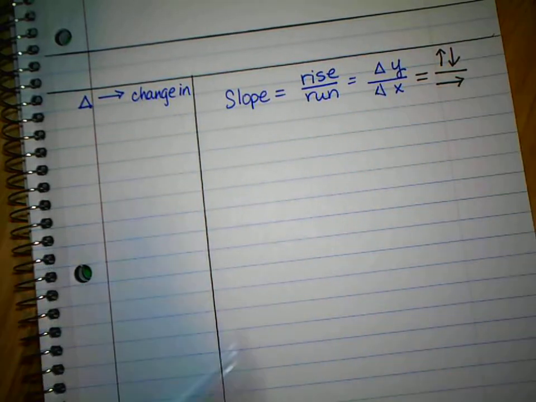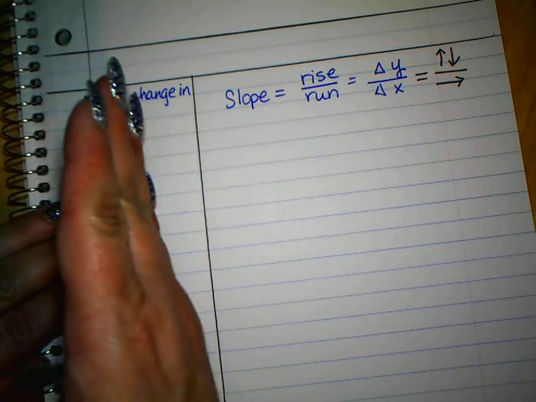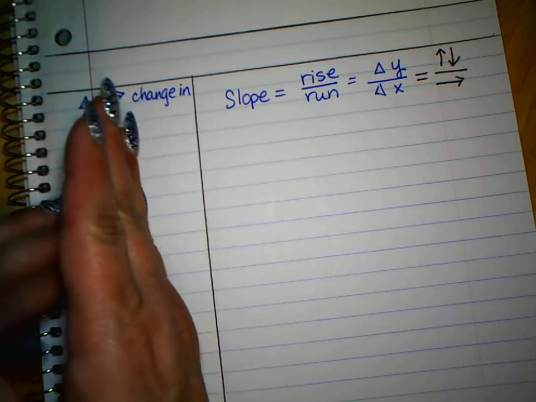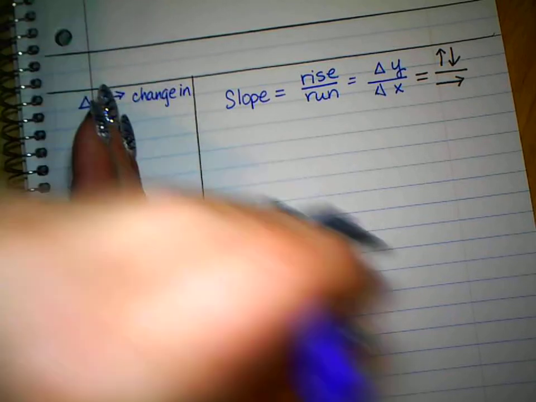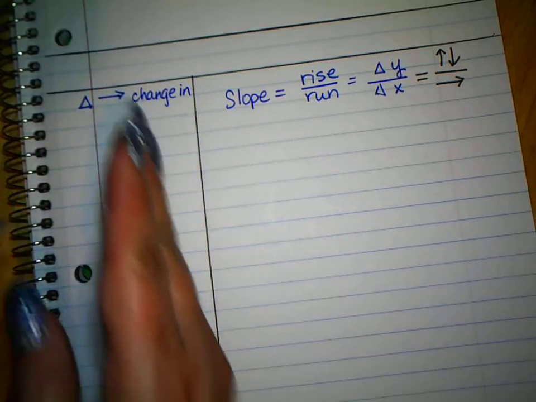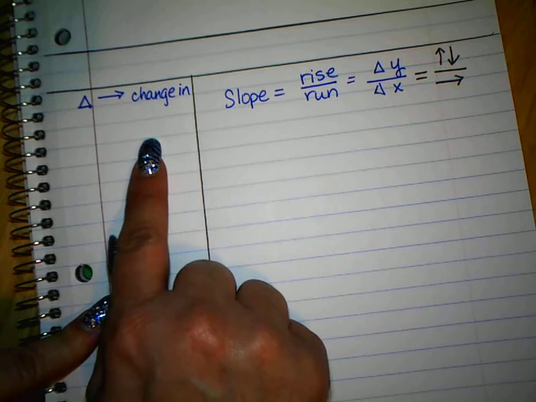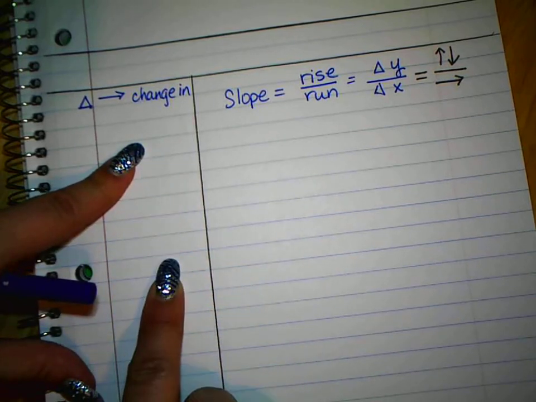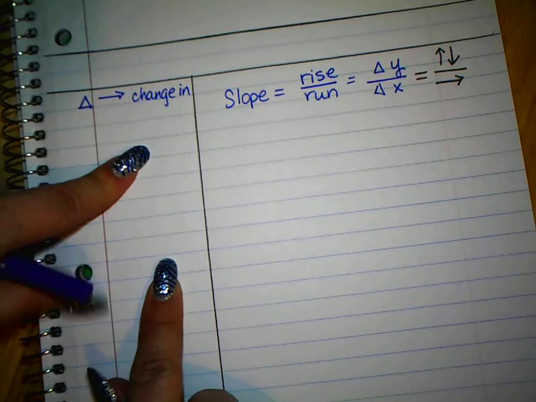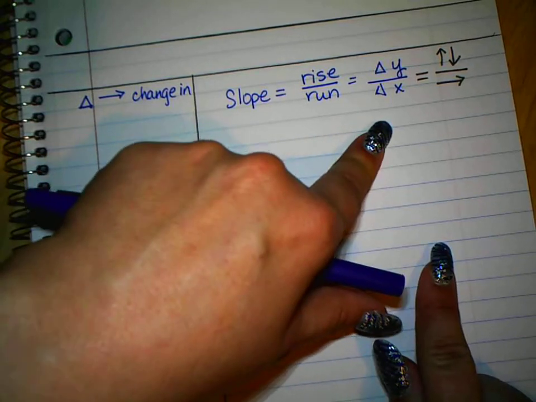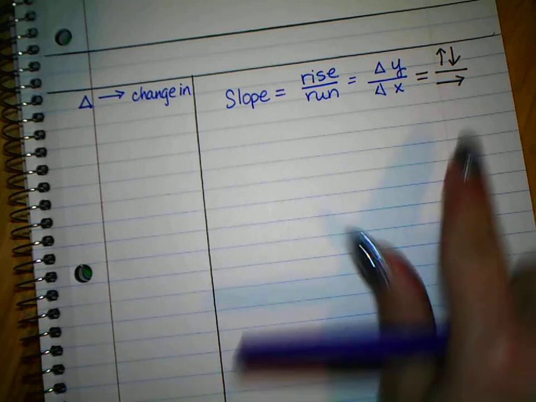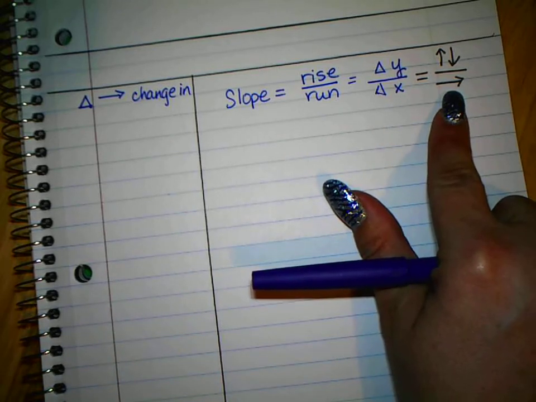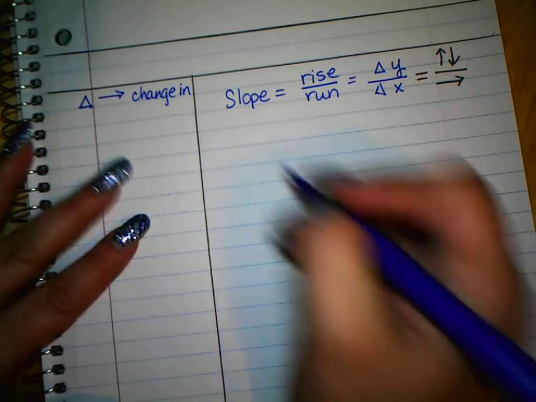So when I look at my graphs, I'm going to start on the left-hand side, and I'm going to decide, going from one point to another point, am I going up to get there, or am I going down to get there? And then I'm always going to move to the right. This does some things, and as we get more into slope, I'll show it to you, but I use this quite a bit.